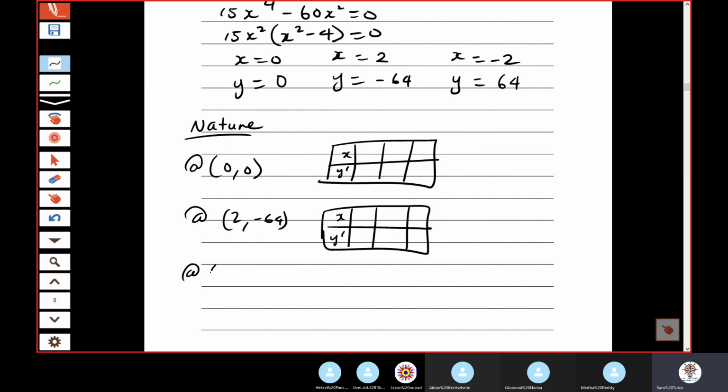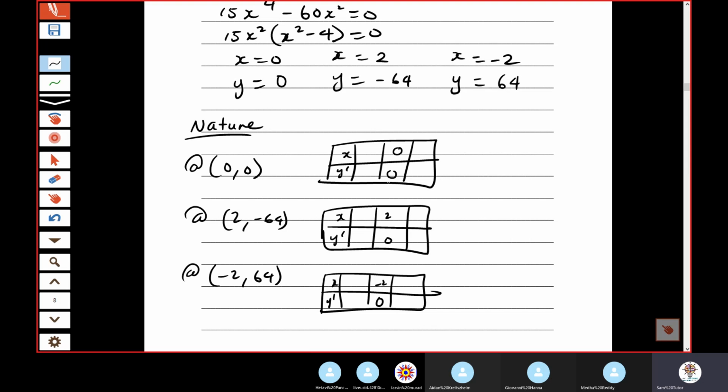At negative 2 and 64. True? You happy with everything I've written there? Because that should be your first thing regardless.